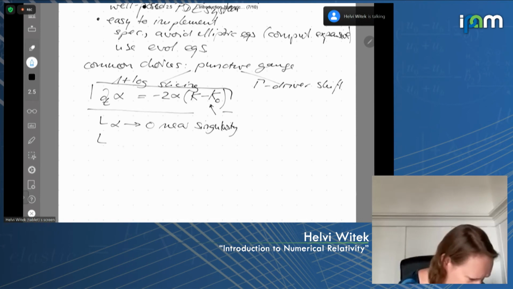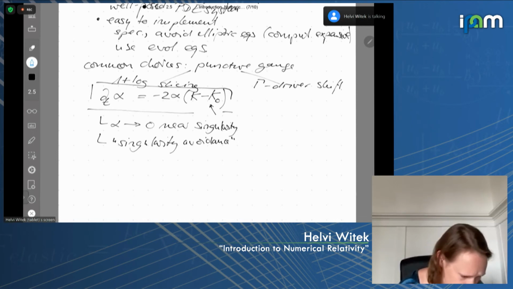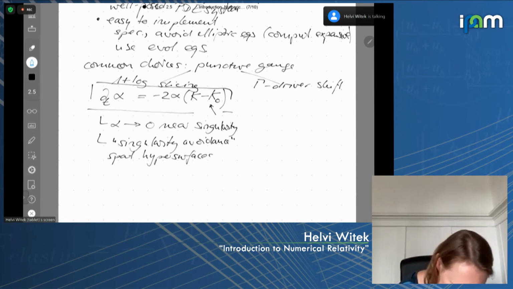So we have this singularity avoidance property: the spatial hypersurfaces cannot be arbitrarily close to the singularity.